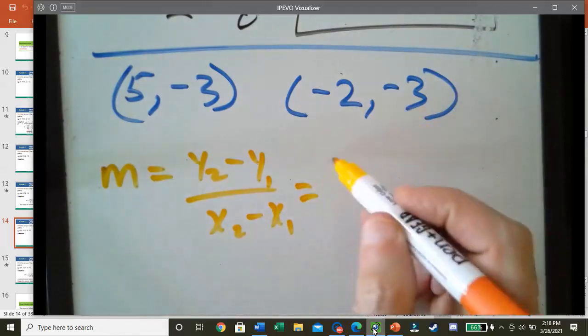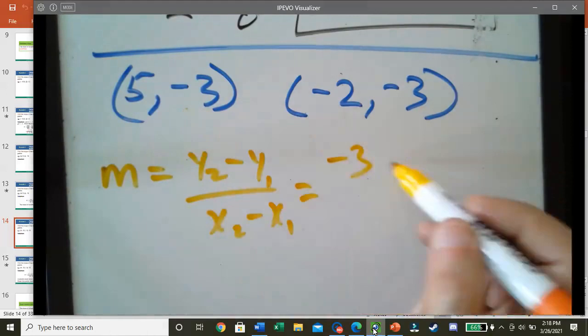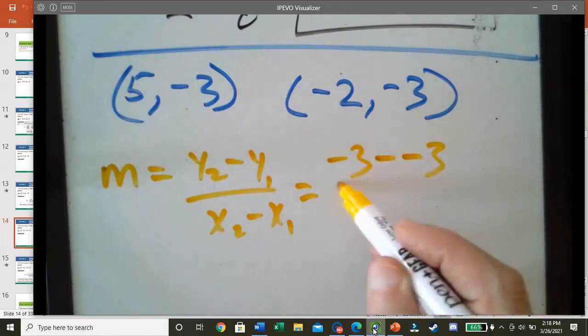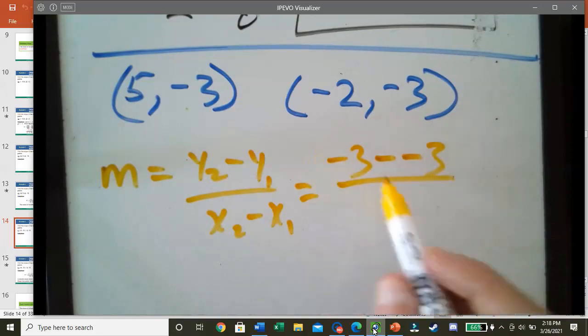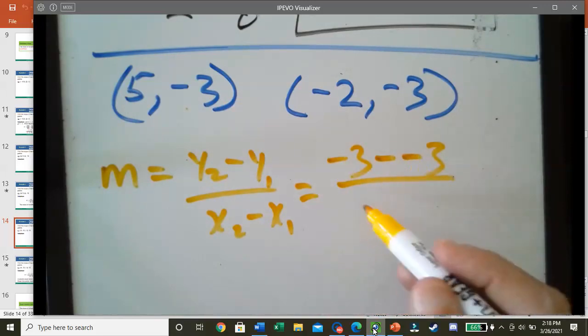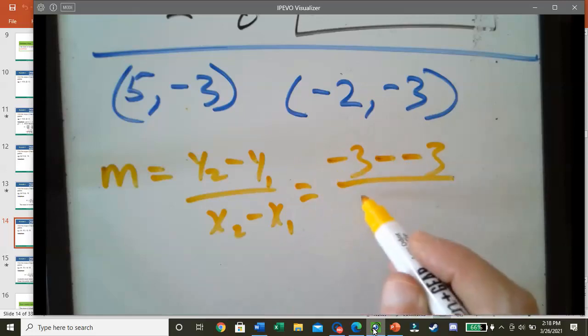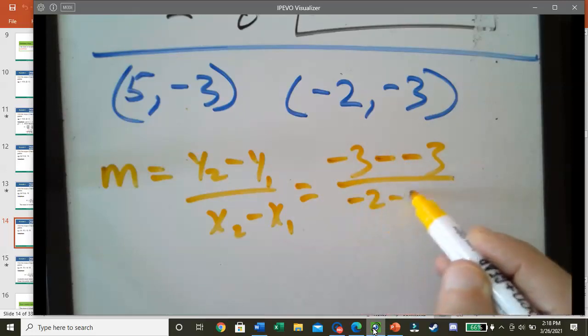So you got negative 3 minus a negative 3. Oh, it'll be a positive. Yeah. And then 2 minus 5.